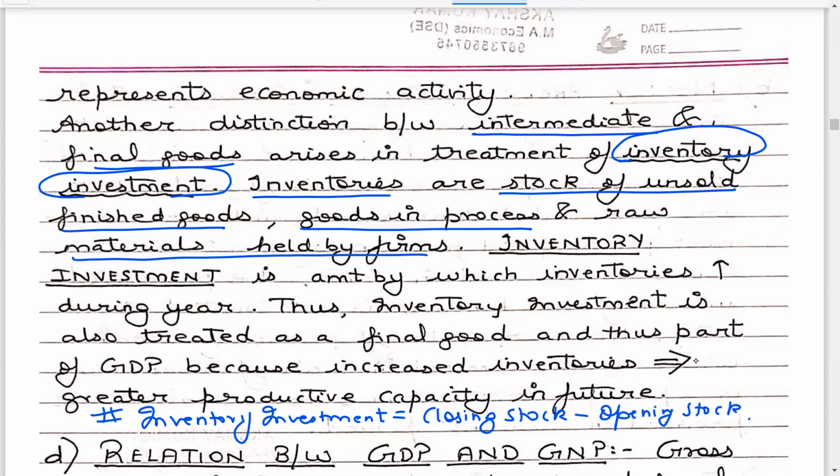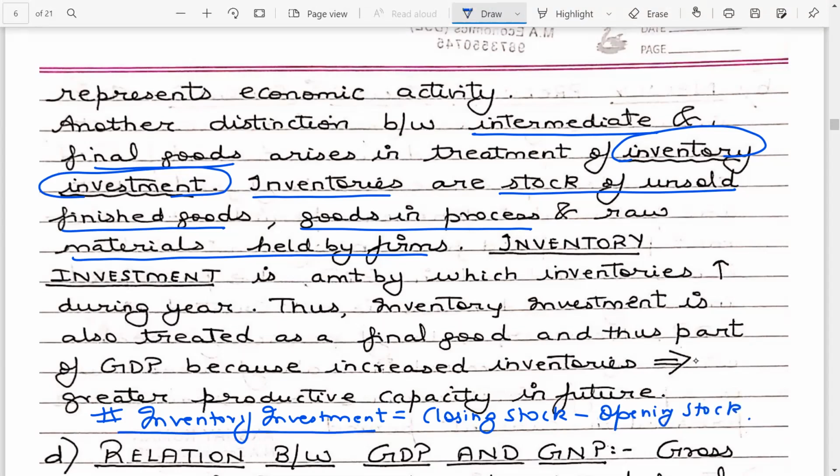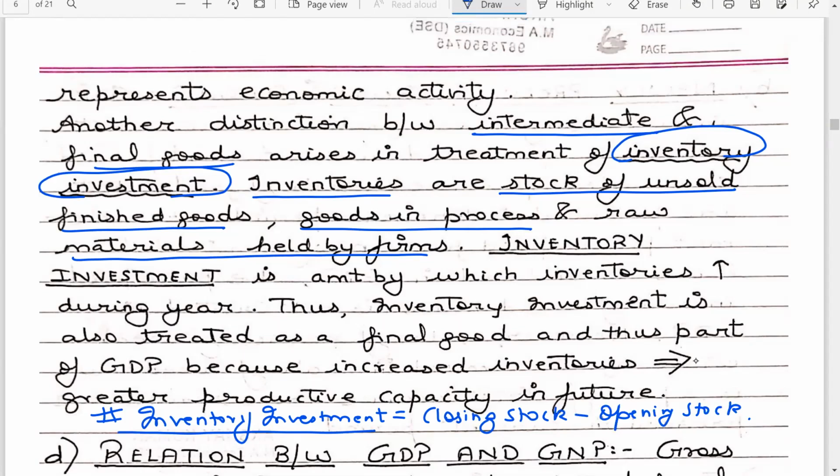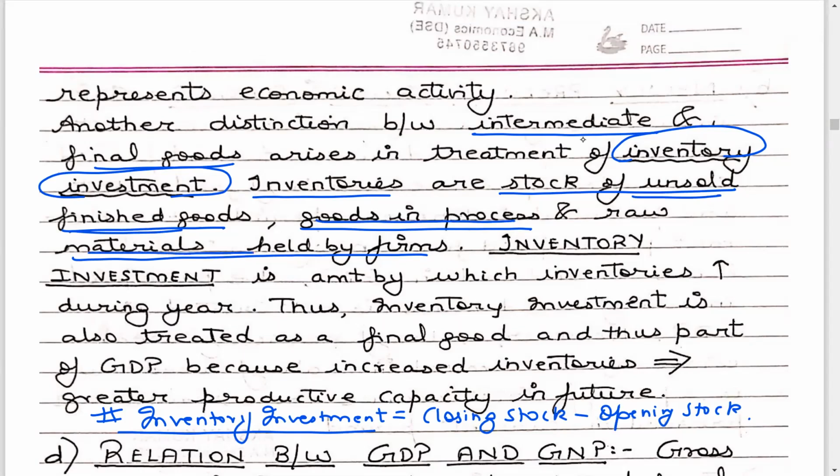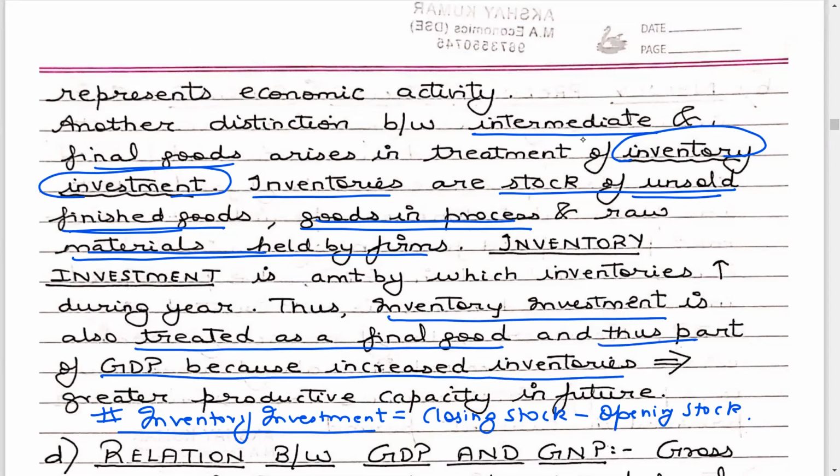And inventory investment is going to capture those stock of unsold finished goods, goods in process and raw materials which are held by the firm. So should inventory investment be treated as a final good? Yes. Inventory investment is treated as a final good and thus part of the GDP because increased inventories imply greater productive capacity in the future.